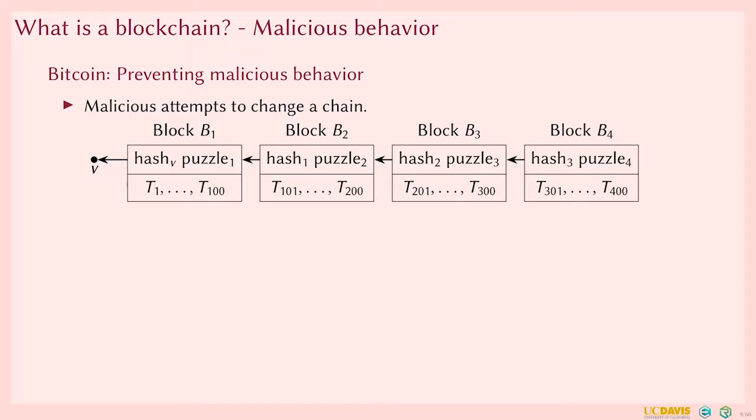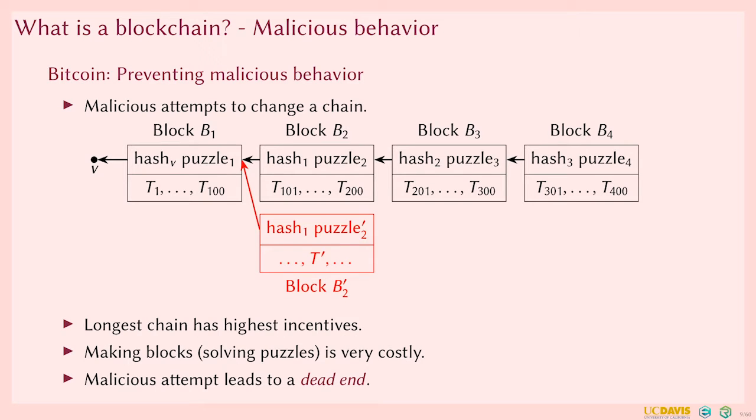To see why it is so hard to make changes, we look at some basic malicious behavior, namely a malicious agent that wants to replace one transaction by another transaction that is better for him. We do that in this case by changing a block B2. We want one transaction in that block to be removed and replaced. Anyone can do that by just making a new second block that points to the first block and saying, okay, I think this is the next part of the chain.